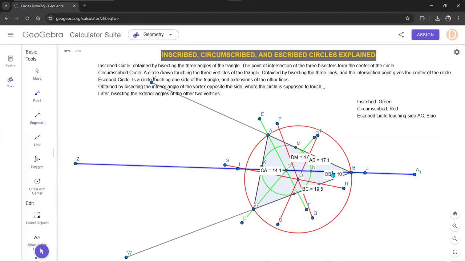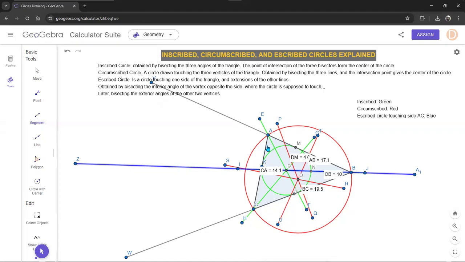Now, if we go to the second instruction, bisecting the exterior angles of the other two vertices. What this means is that the angle at A, the interior angle, is BAC, this on the inside.